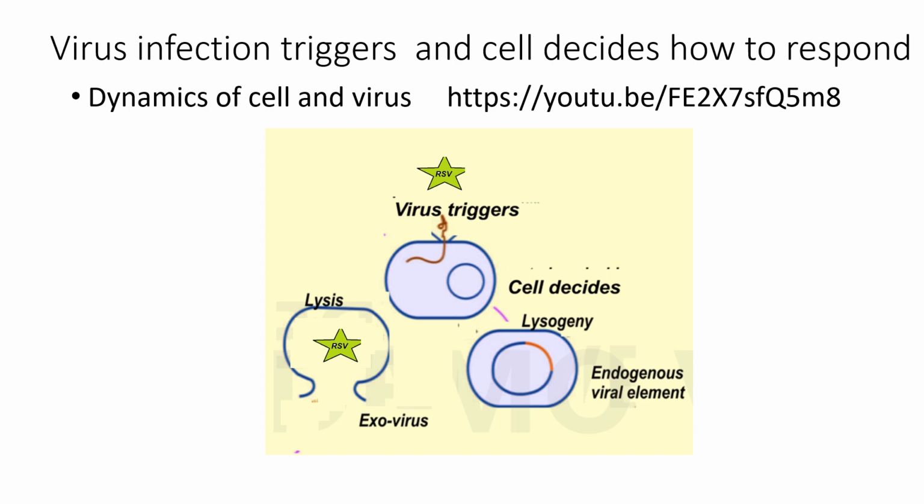So what it says is that you have a virus which attaches to a receptor of a cell, and this cell decides what to do with this information. And it may decide to produce virions, which is called lysis, or it may decide not to produce virions and only store this information in its genome, which is called lysogeny.